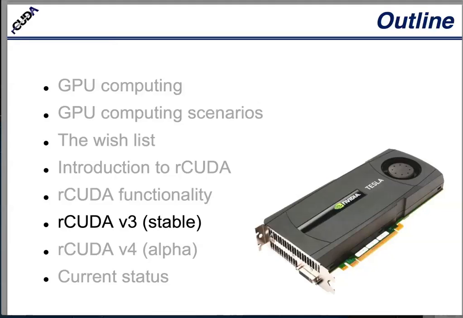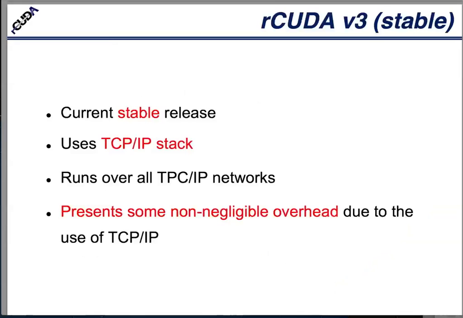Our latest stable release is rCUDA 3, and it uses the TCP/IP stack, and hence it runs over a wide range of environments, such as Ethernet or even InfiniBand networks. It is also usable in virtual machines in order to expose the GPGPU capabilities of the real hardware to the virtual machine through the virtual network connection.